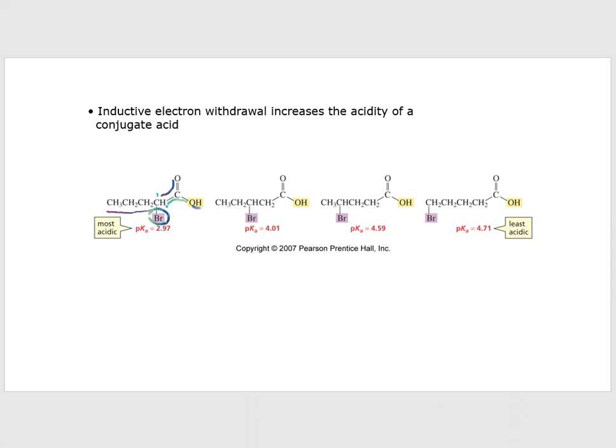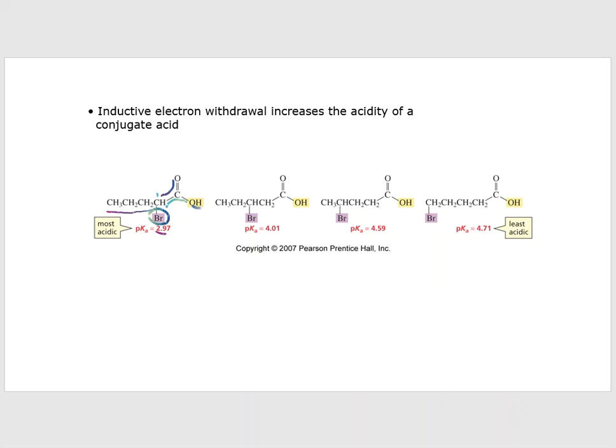So it's pulling electrons through. This is easier to donate because of that reason, and this pKa is a 2.97. Well, if we take that bromine and we just shift it a little bit further away, and we get it further away from that hydrogen, this bromine's still going to suck electrons through, but the presence of that bromine is not as dramatic.